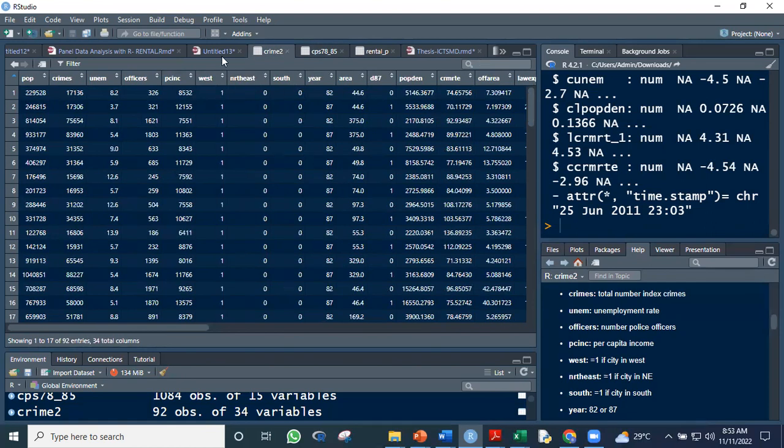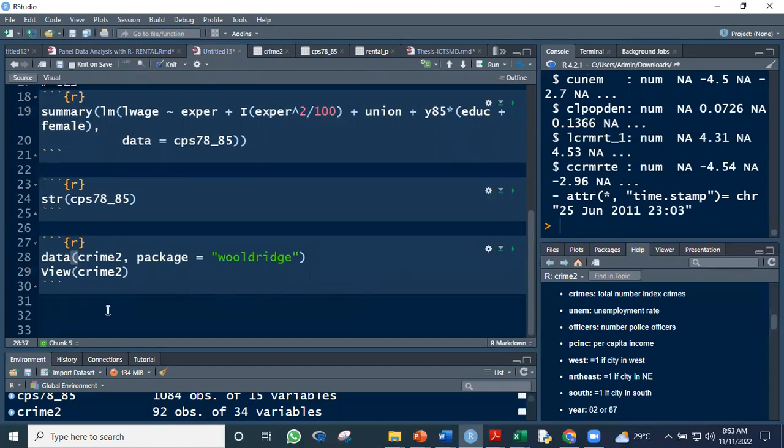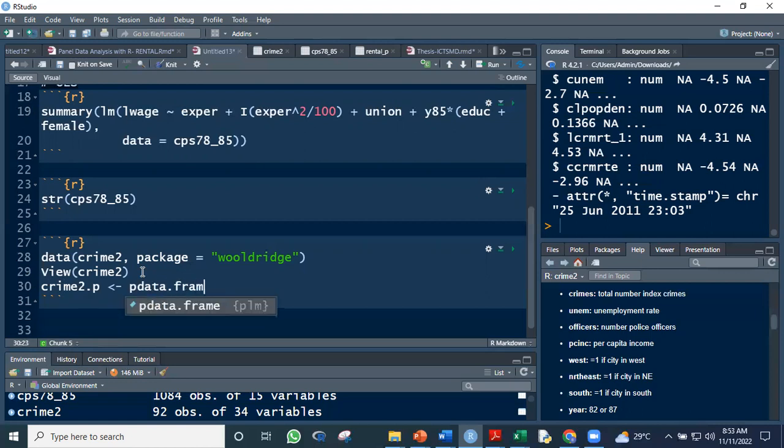Now I recall, sorry. Since nasabi ko ngayon, no? We can convert this. Okay, so how do we now convert this into a panel data? Para magamit natin siya for panel data analysis. How do we do that? So let's now create crime2.p, panel, using the pdata.frame. Okay?